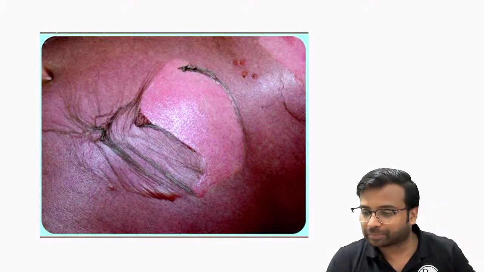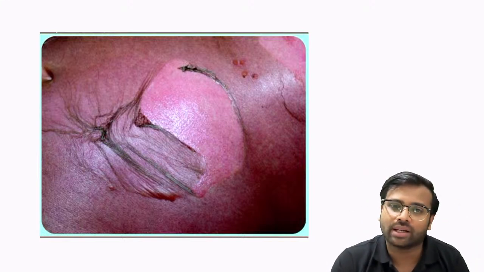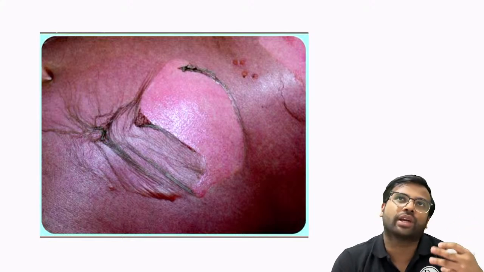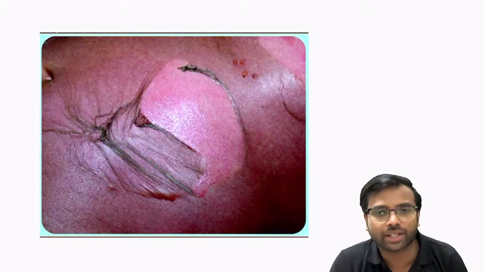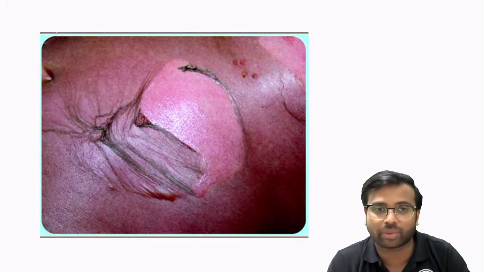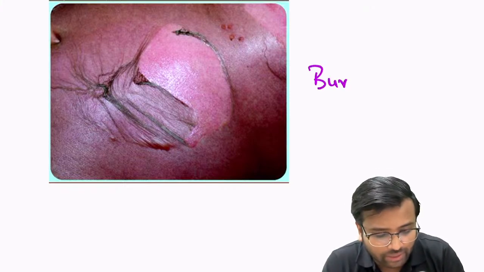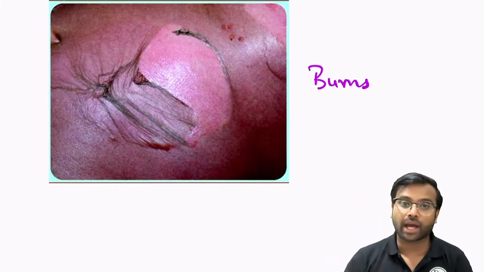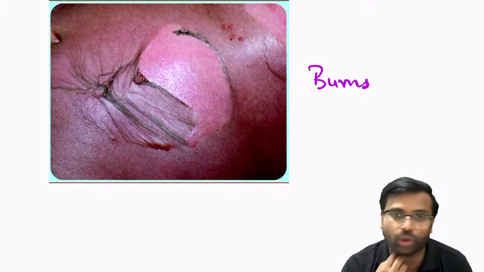Any common things that come to your mind, just say to yourself that yes, this could be such a patient. Any differential diagnosis that comes to your mind when you see this image? So I would say this can be a burns patient, right? Or this should be a patient who is having some vesiculobullous disease.